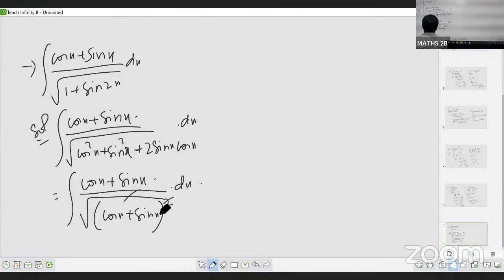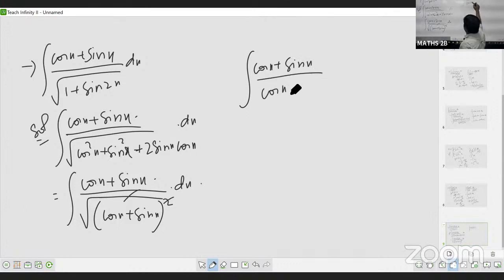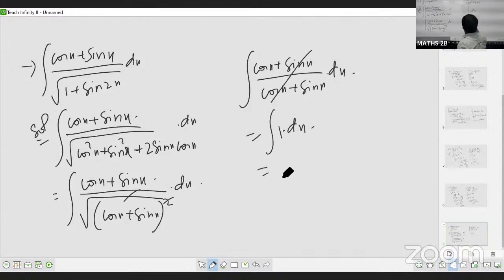Square and root get cancelled. Is it clear? What is left out? Cos x plus sin x by cos x plus sin x. Everything gets cancelled, 1 dx, which is x plus c.